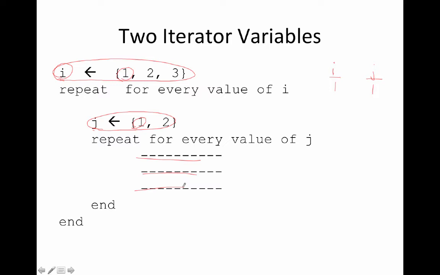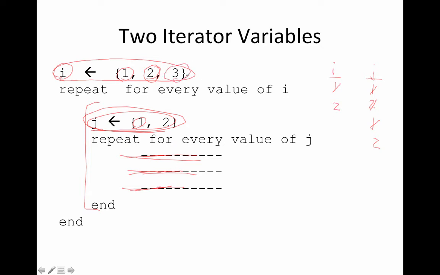So we repeat this action, then j gets the value 2, and we repeat the action of the inner loop again. So now we've gone through the action of the outer loop, and then i gets its next value, which is 2. j is then going to go through both of its values, first 1 and then 2, executing the action each time.